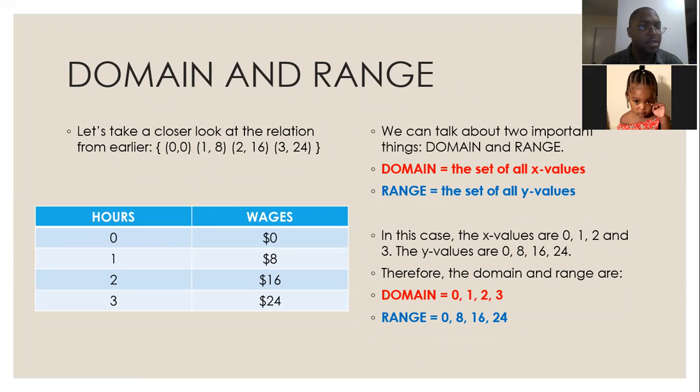Because every ordered pair has an x and a y. This is an x, that's a y. This is an x, that's a y.